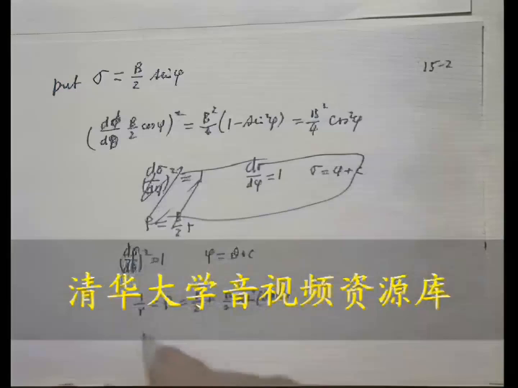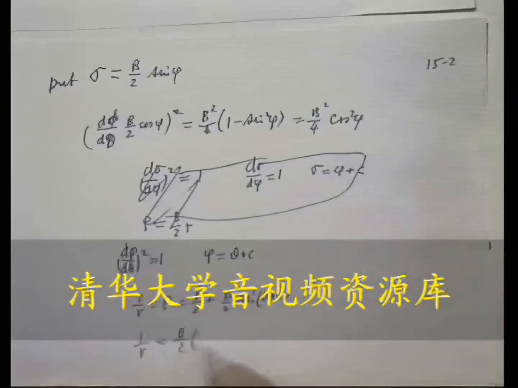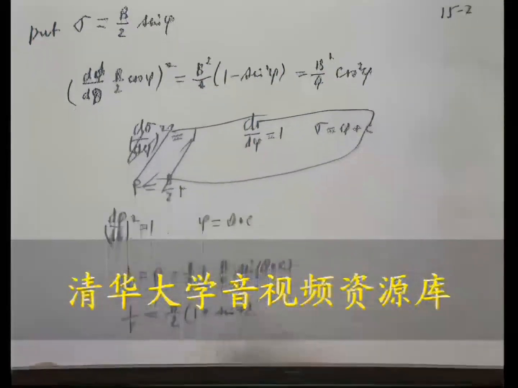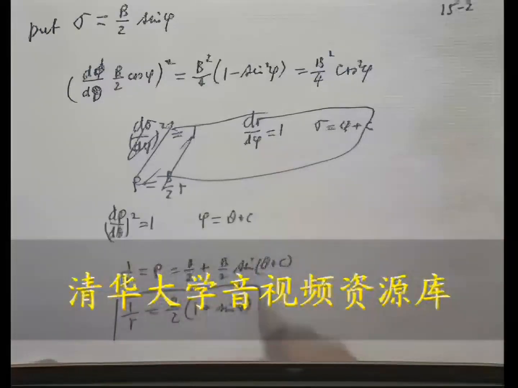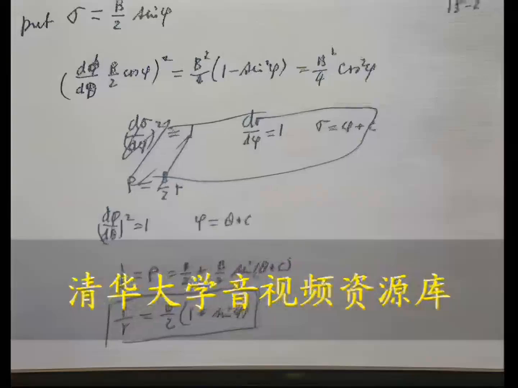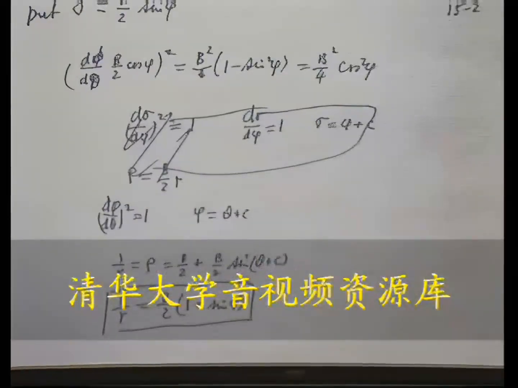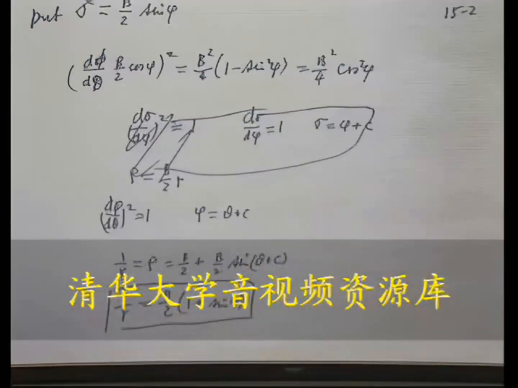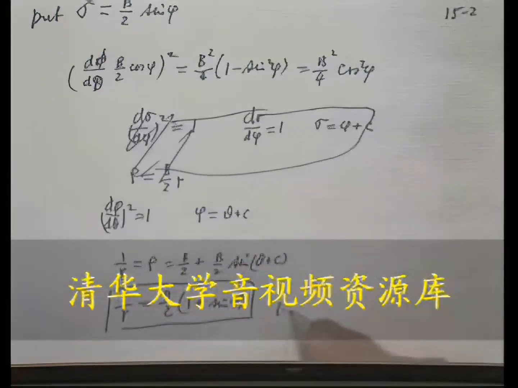So we now have the formula 1 over r is equal to b over 2 times 1 plus sine of phi. This is equivalent to the previous case, i.e. E is equal to 1.